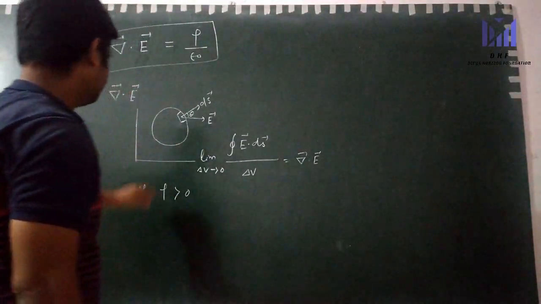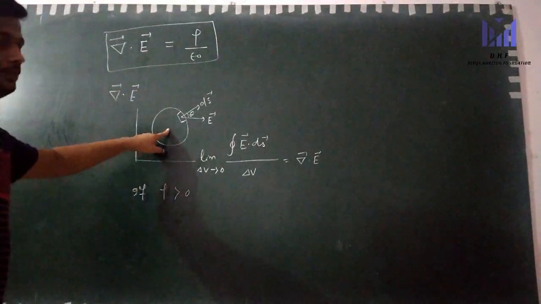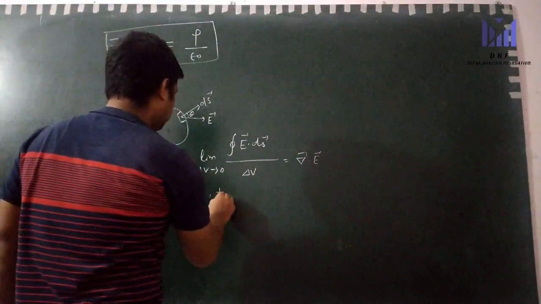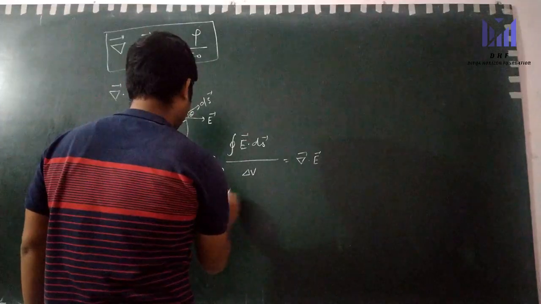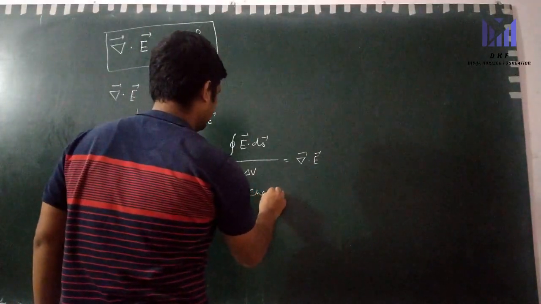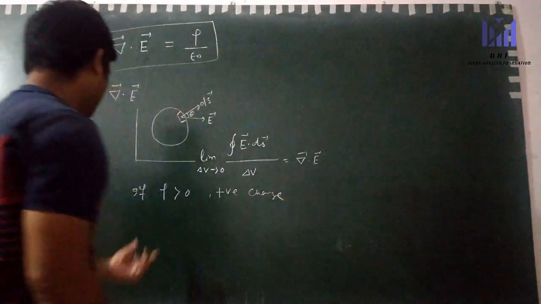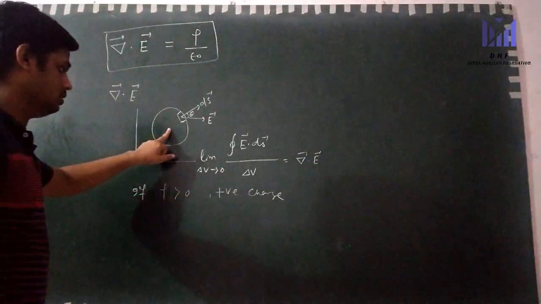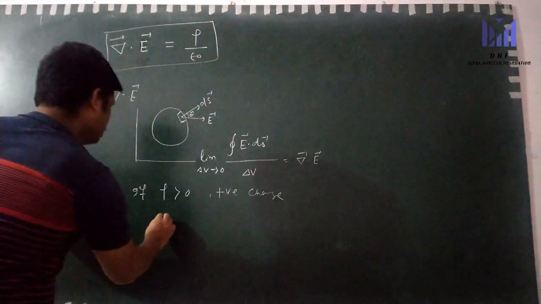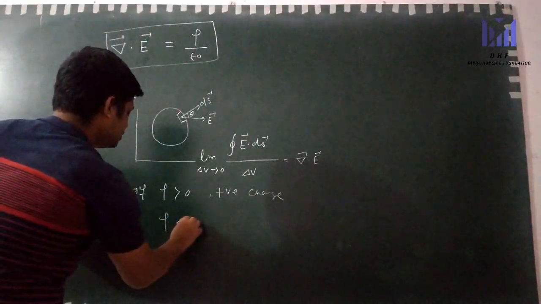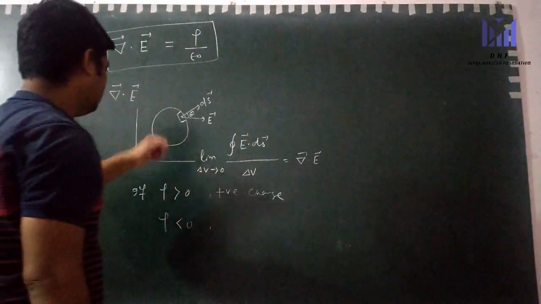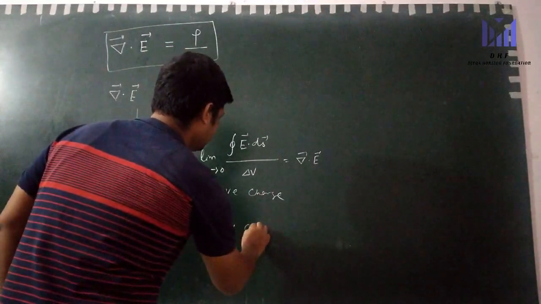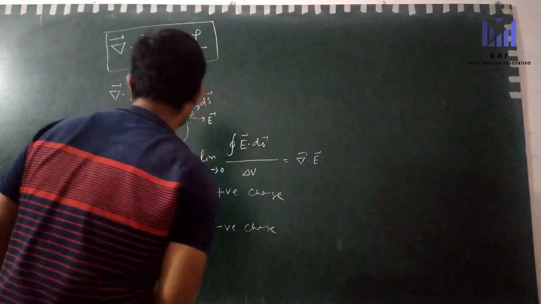It means that at that point the charge present is positive charge. When rho is less than 0, it means at that point the charge present is negative charge.